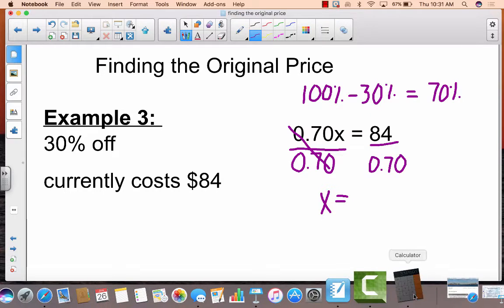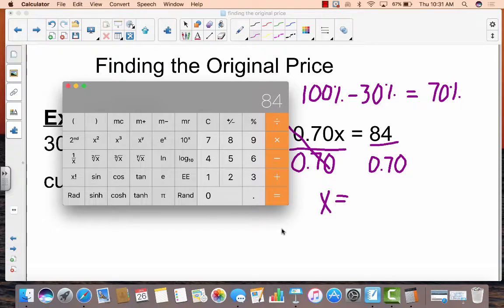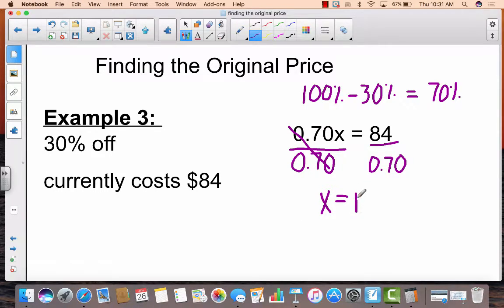So 84 divided by 0.70 is 120. So an item that costs $120 is on sale for 30% off, and the sale price is 84.